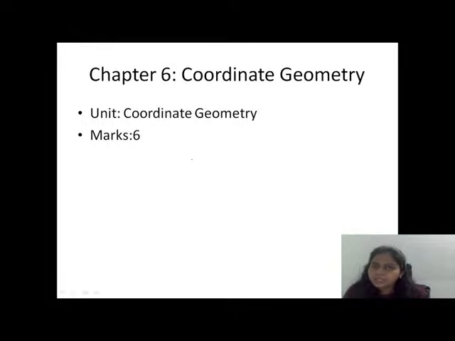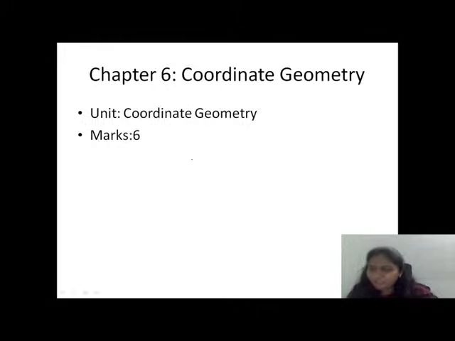So in coordinate geometry, before learning the formula, first you have to thoroughly practice solving the problems. Done. Is there anybody now, after looking at this chapter, able to remember the formulae?